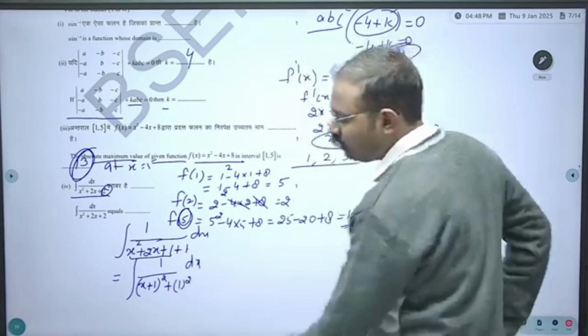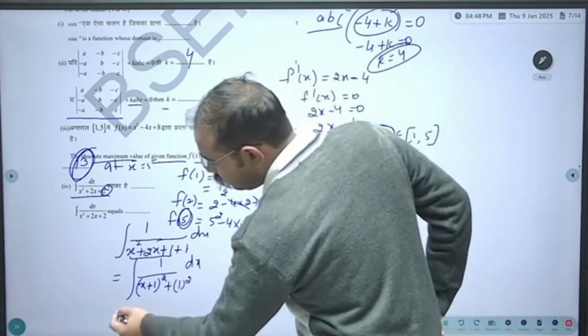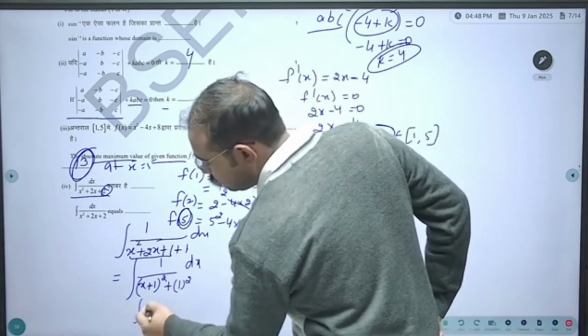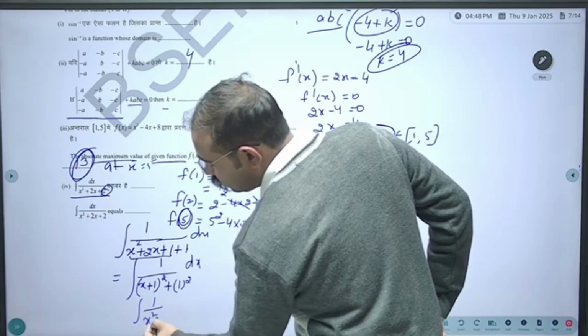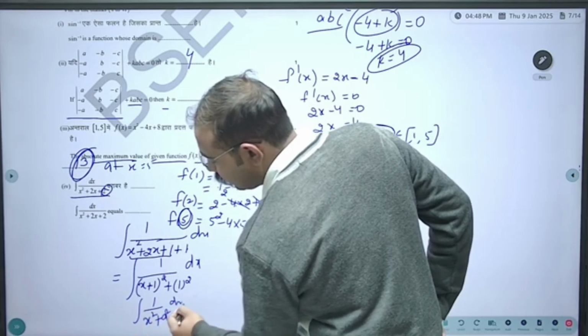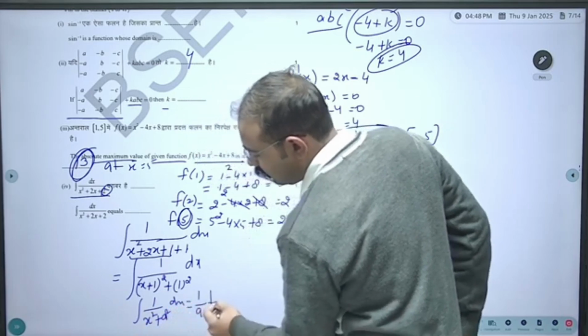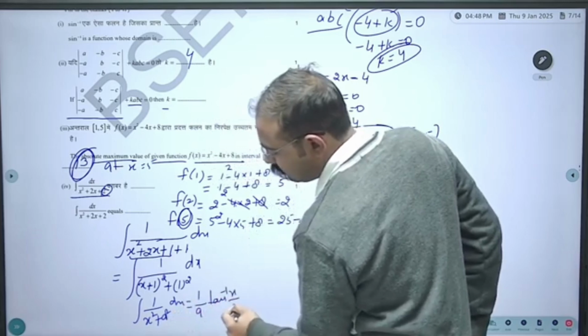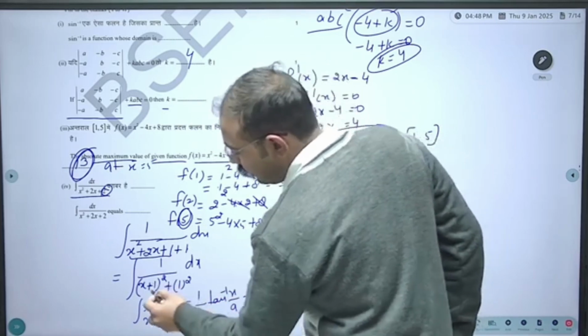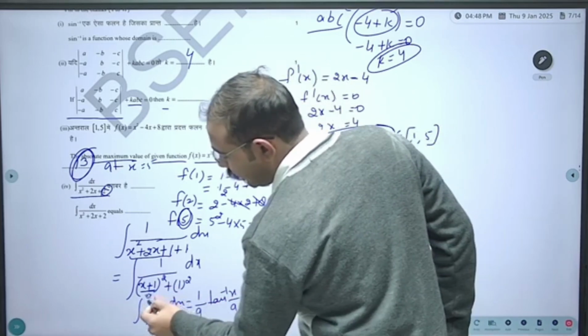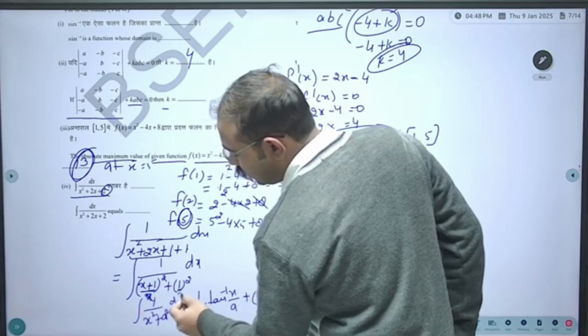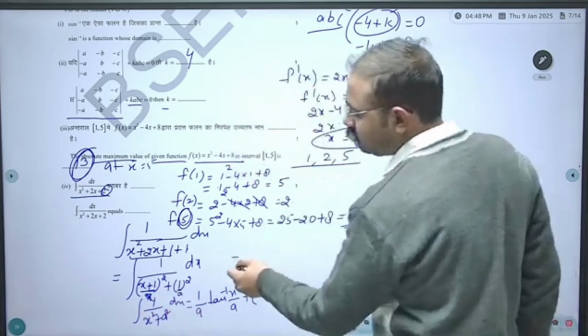Now we have one formula for finding integration, and that is integration 1 upon x square plus a square dx is equal to 1 upon a tan inverse x upon a plus c. Here this is our x and this is our a. So put these values in this formula.